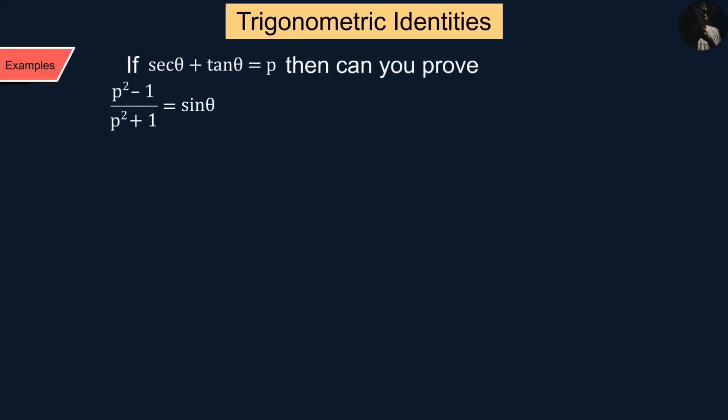If the value of sec theta plus tan theta is p, then can you prove that the square of p minus 1 upon the square of p plus 1 will be equal to sine theta? Let's see.